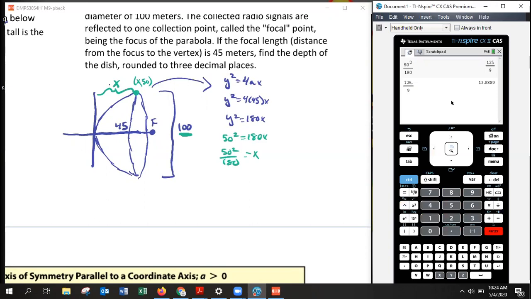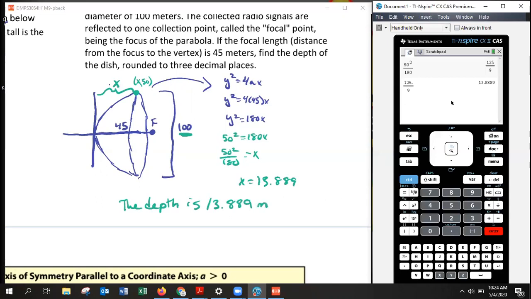So 13.889. So x would be 13.889. So the depth of the dish is 13.889 meters.